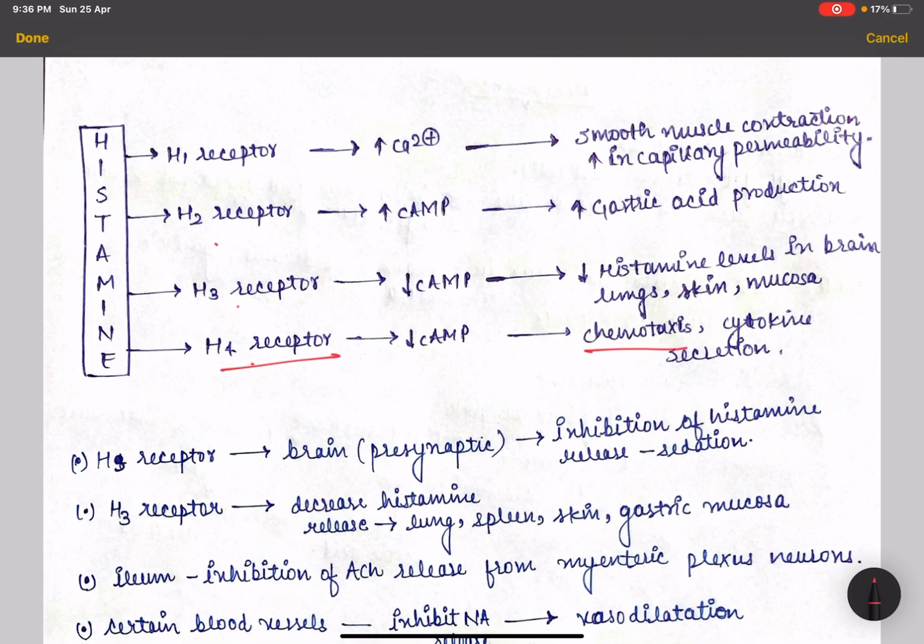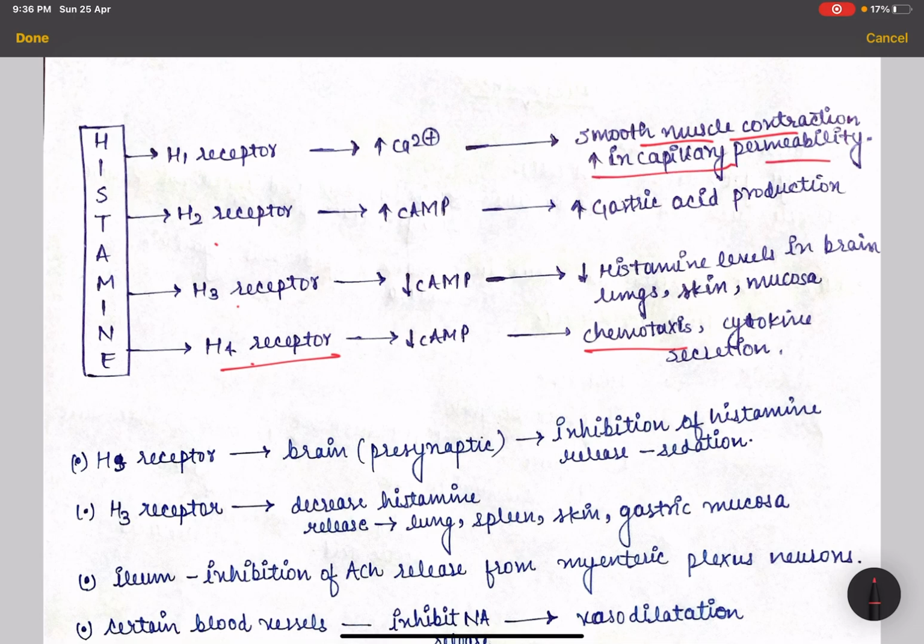The H1 receptors mediate their action through calcium ion because they are Gq protein coupled receptors, and they mainly exert actions like smooth muscle contraction and increase in capillary permeability.